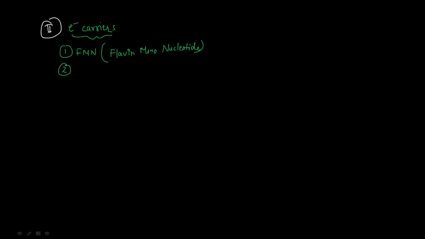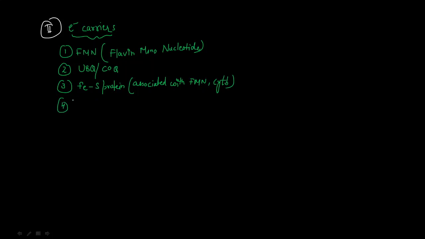Another electron carrier is ubiquinone or coenzyme Q. Third is iron sulfur protein. This FeS or iron sulfur protein will remain associated with two things: one is FMN and another one is cytochrome B. We will see how.